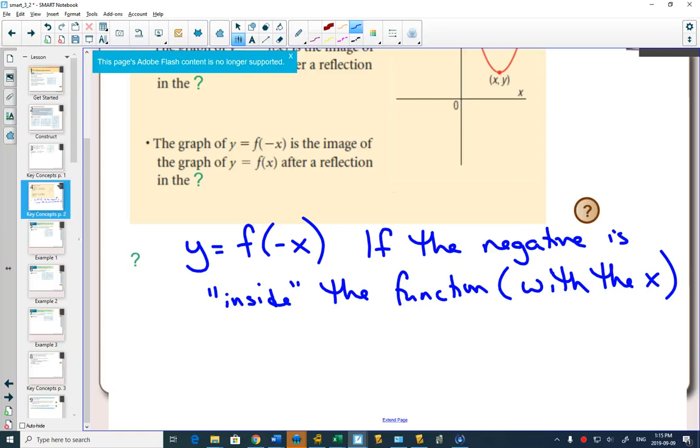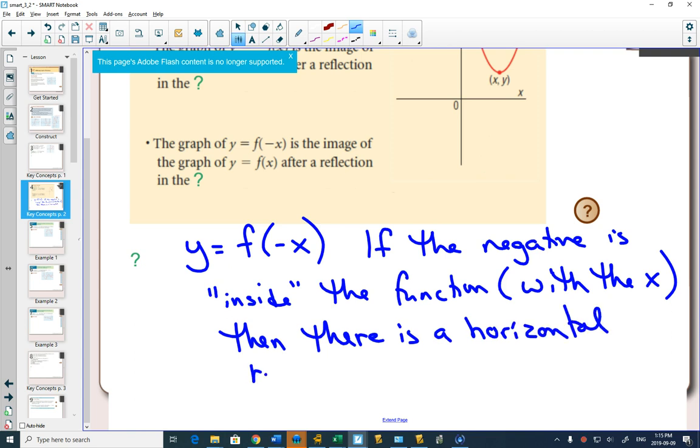If the negative is inside the function, if it's with the x, then there is a horizontal reflection over the y-axis. What's going to happen is your graph is going to get flipped over your y-axis.